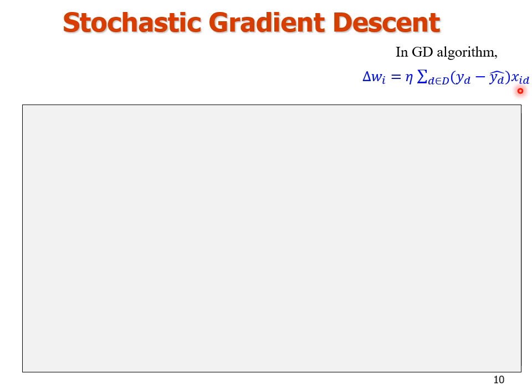This computes weight updates after summing over all the training examples in training set D. Instead, the idea behind stochastic gradient descent is to approximate this gradient descent search by updating the weights incrementally, following the calculation of the error for each individual example.